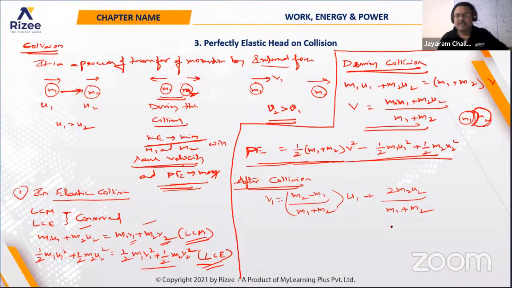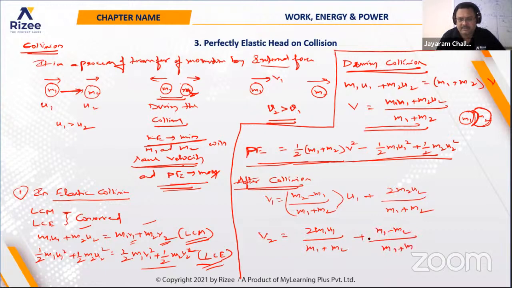So this is the velocity of the first ball after collision. And V2, the velocity of the second ball after collision, can be written as 2 m1 u1 by (m1 plus m2), plus (m2 minus m1) by (m1 plus m2) times u2.